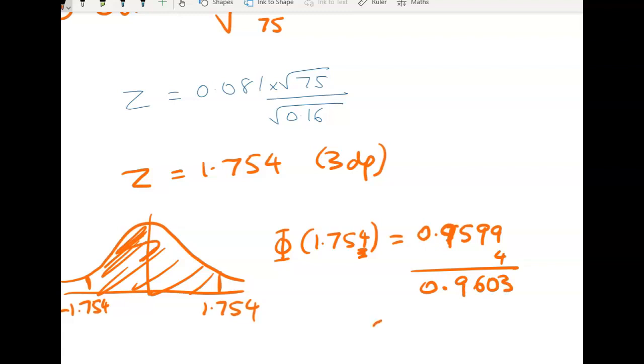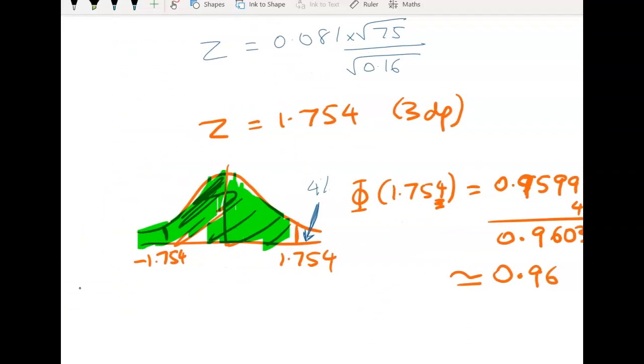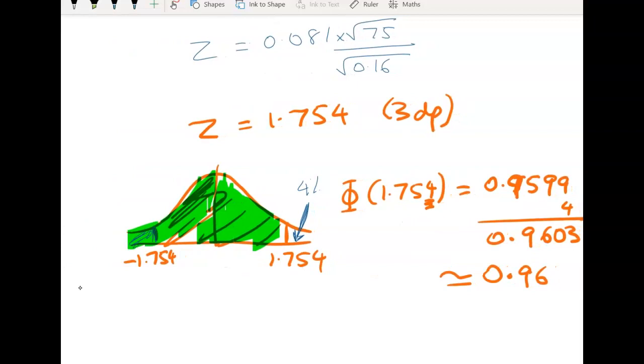What that's telling me is that that's roughly 96%. But what I'm interested in here is not the 96%, but what's chopped off in that tail, which will be 4%.